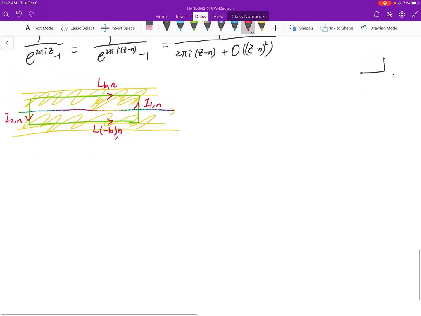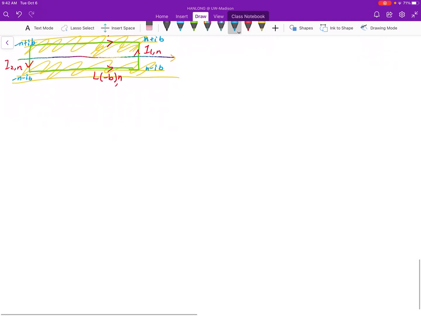Here b means the width of the strip. So the corners are m plus ib, m minus ib, minus m plus ib, minus m minus ib.